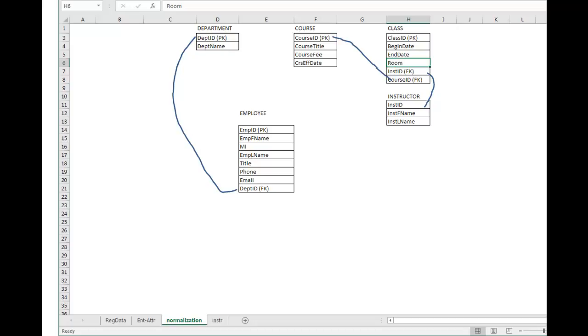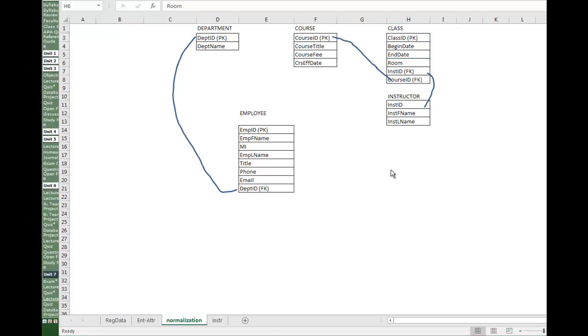Okay, so I wanted to talk about the special relationship that exists between employee and class. Earlier in my lecture, I talked about employee and class having a many-to-many relationship. In the ERD, you see that relationship with the specific cardinality to show that many-to-many relationship.